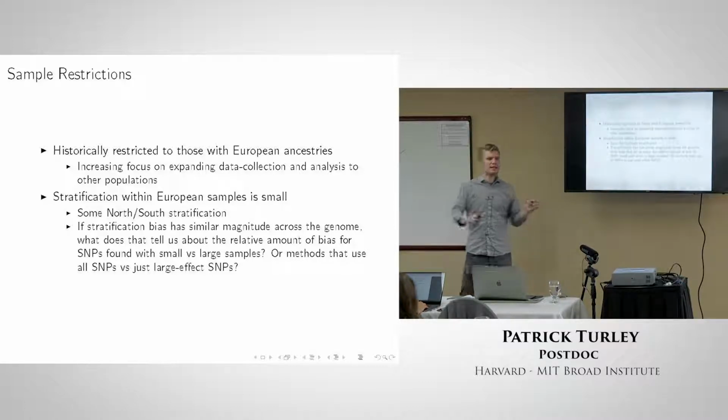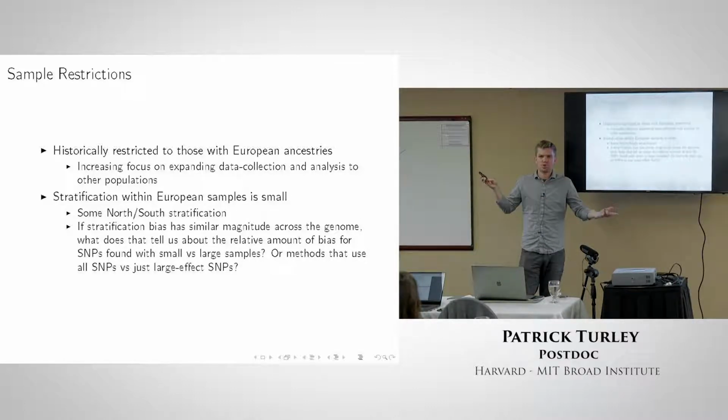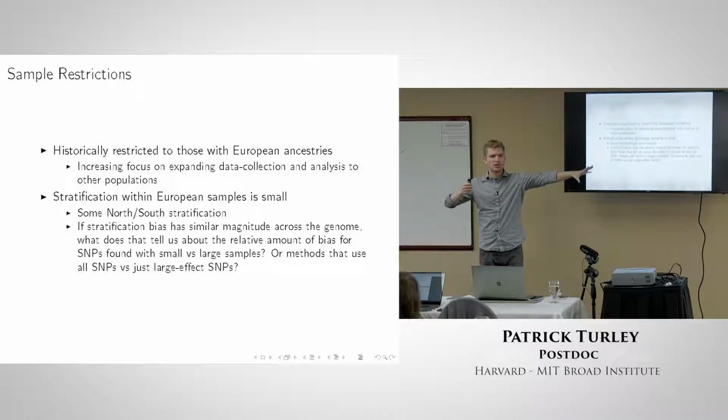Okay, so then let's talk about ways that actually will change our beta estimates. One way that we could make our beta estimates more robust and have less bias due to stratification is just by restricting our sample. So if we're doing our chopstick example, we would maybe just look at Europeans and try not to include people of Asian ancestry in our regression.